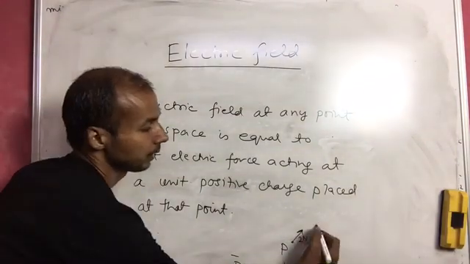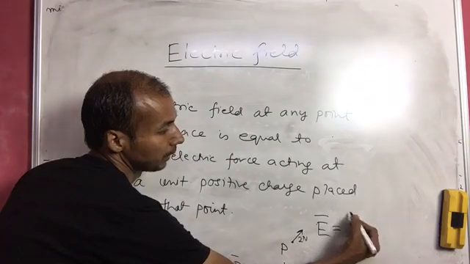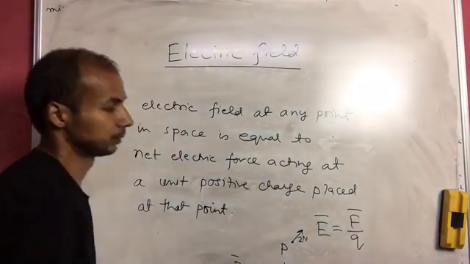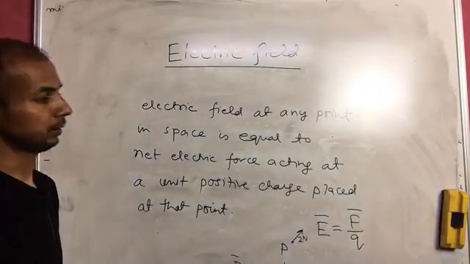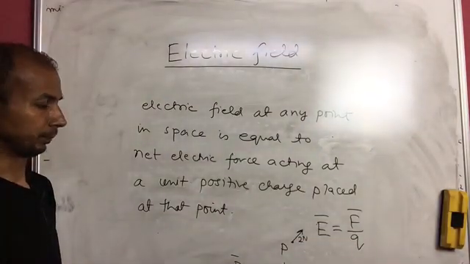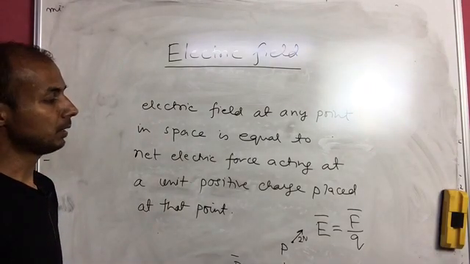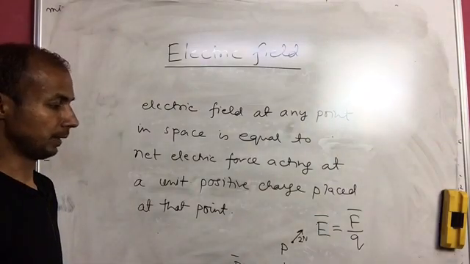So electric field is a vector quantity, defined by electric force per unit charge. The unit of force is Newton, the unit of charge is coulomb, that's why Newton per coulomb, right? Now what was the need to define a quantity called electric field, right?